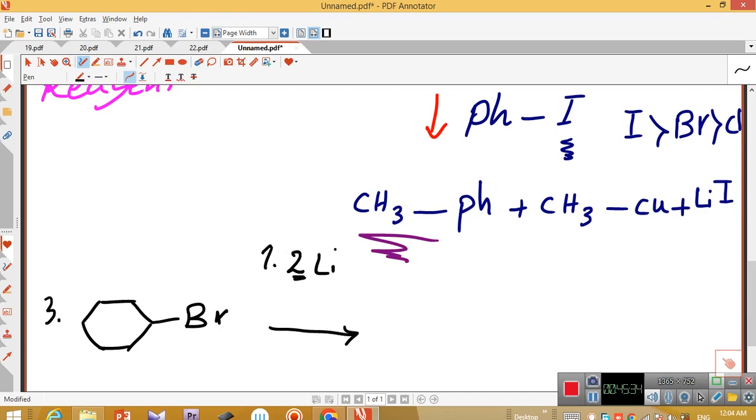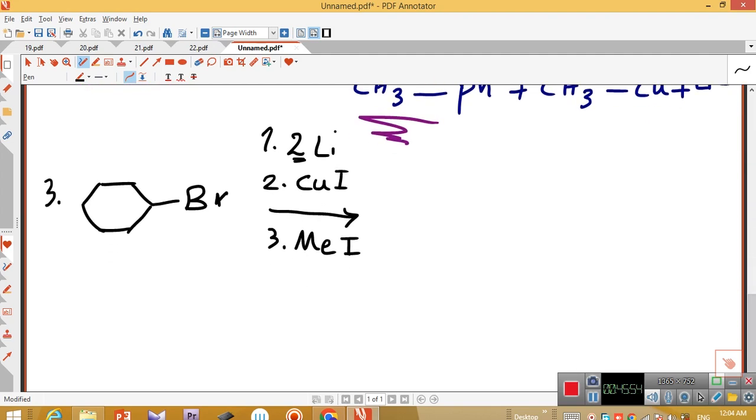Okay, one, two equivalents of lithium, and then copper iodide, and the third reagent would be methyl iodide. When they say 1, 2, 3, it means the first stage would be 2 equivalents of lithium, the second stage would be copper iodide, and the third stage would be methyl iodide. Okay, so this is a reaction with 3 stages, my friends. That's right.